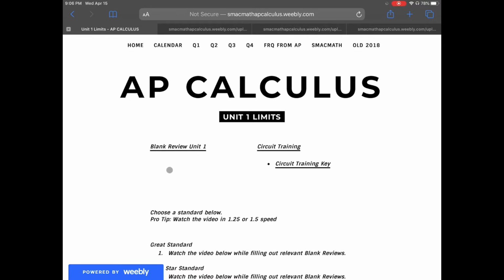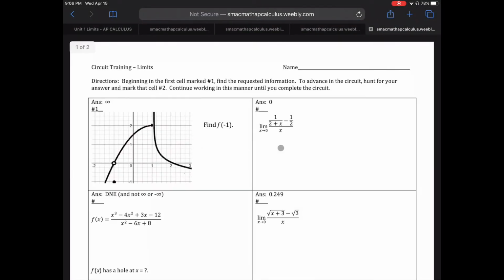And then, if you're able, if your time permits it, if emotionally you can stand it, do the circuit training. This is how the circuit training works. Problem number 1. The answer is not infinity. Find f of -1. You go left 1, down 1. It's asking for the y value when x is -1. It's also -1.